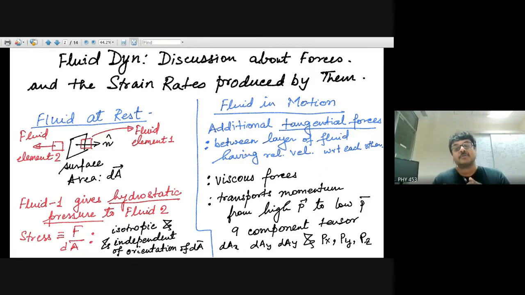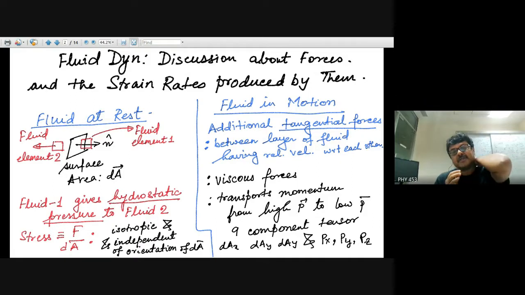In addition, you can also have momentum transport where an amount of fluid of high momentum actually transports en masse. That entire fluid element reaches from this point to that point. So you also have momentum transport due to that, which is typically taken care of by the v dot grad operating on v. But in addition, the viscous forces act tangentially between layers of fluid having relative velocity to each other.